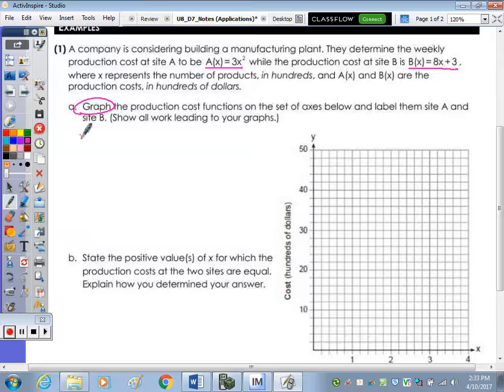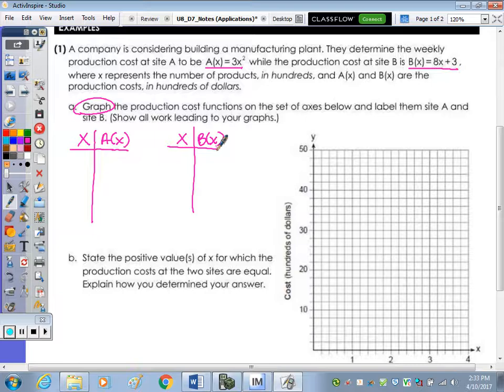But when you go to make your table, instead of doing x comma y, if you did x and then a of x, it would be clear that that's the table for the 3x squared function. And then the other one, if you did x and then b of x, it would be clear that that's the linear function.